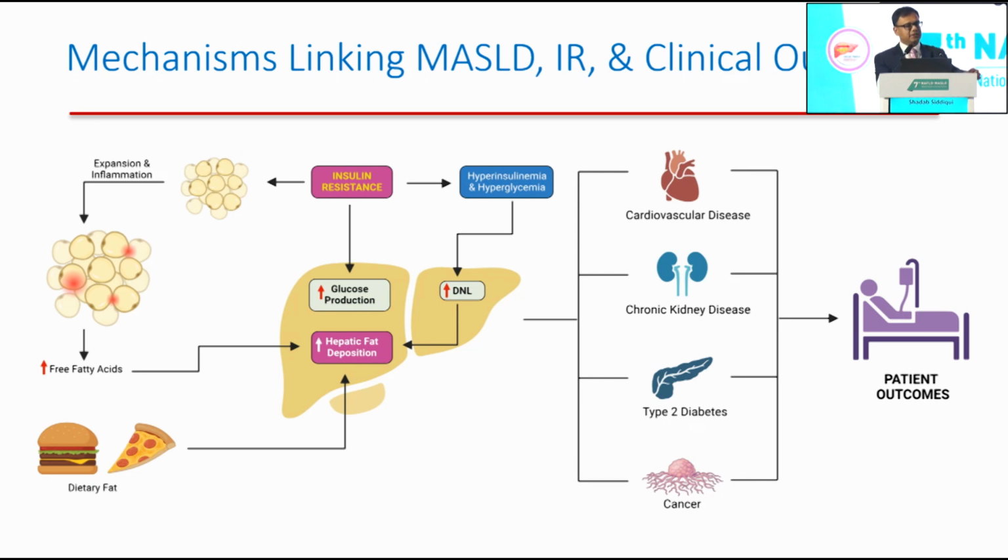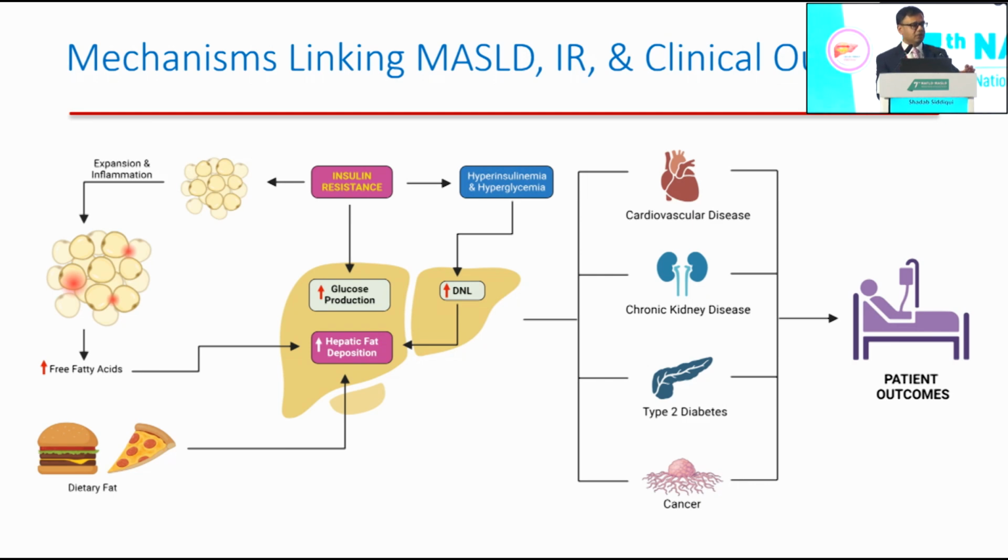And not only does this affect the liver, but it also affects different organs. So the heart becomes involved, the kidneys become involved, patients get pancreatic beta cell failure. So people who had subclinical insulin resistance will become overt diabetics, and patients who were medication-managed diabetics will become insulin-dependent diabetics.